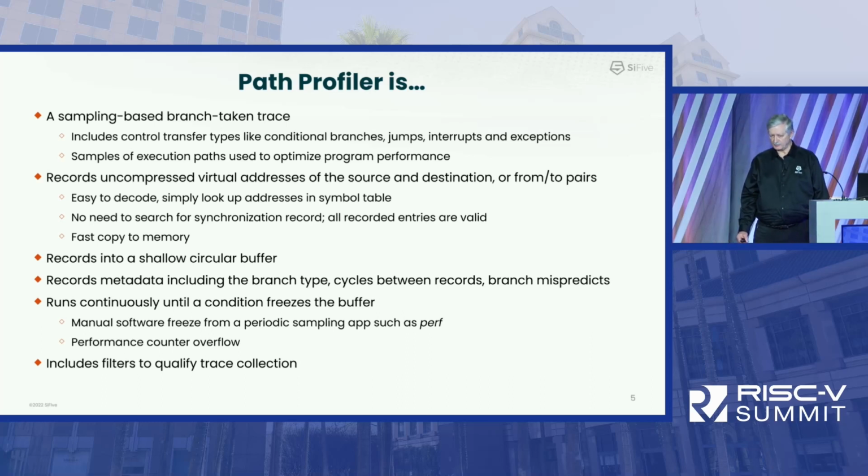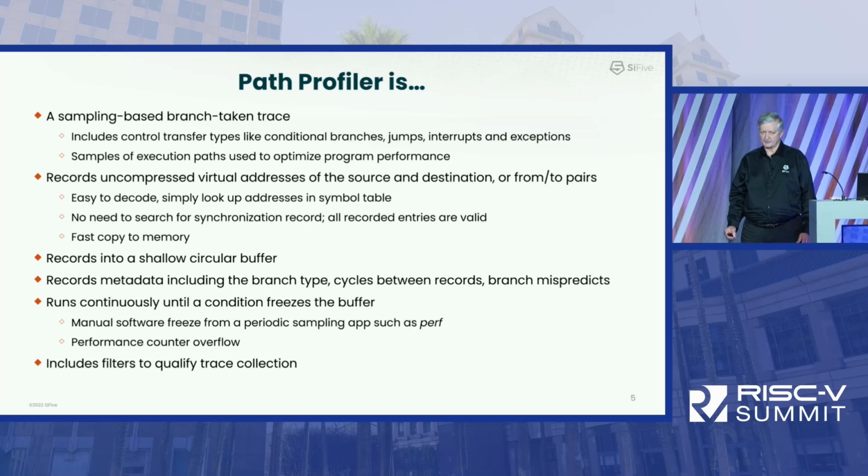So it's a sampling-based taken-branch trace, and it includes all types of non-sequential execution flows: conditional branches, jumps, interrupts, and exceptions. And as I mentioned, it's used to optimize program performance. One of the reasons for doing uncompressed virtual addresses is that it's faster to decode.